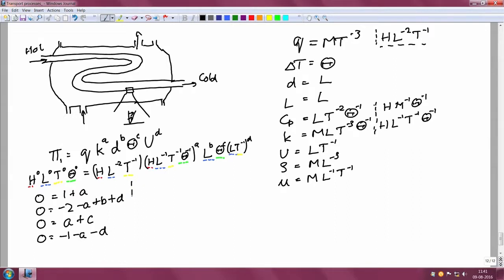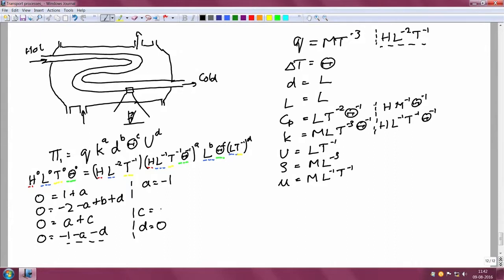Now, these can be easily solved. The first equation gives me that A is equal to minus 1 straight away. Since the time equation is minus 1 minus A minus D equals 0, this gives me that D is equal to 0.